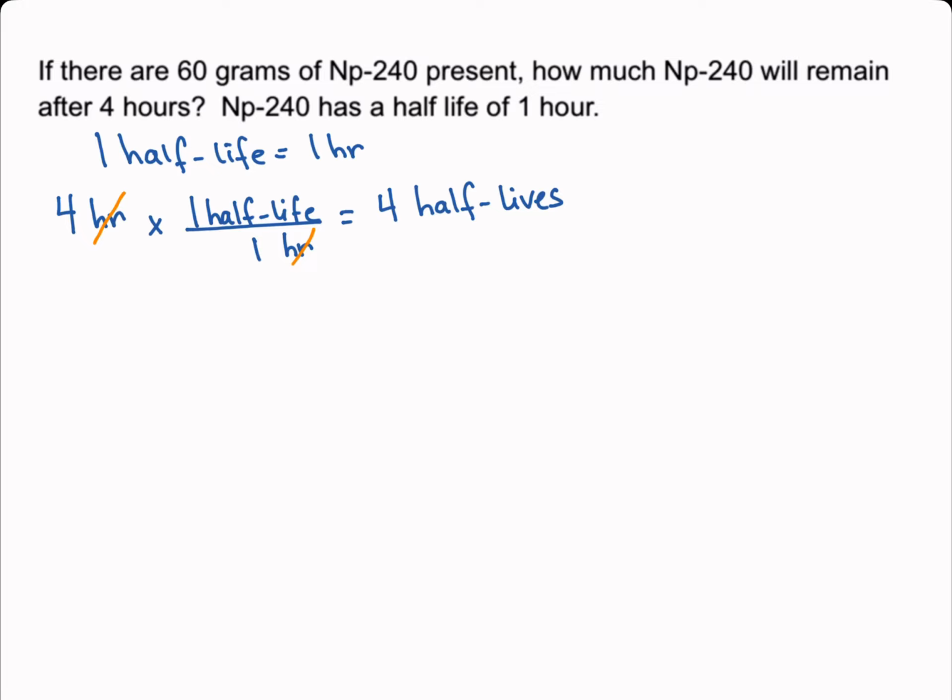We started off with an original sample of 60 grams, and these 4 half-lives means that we're going to multiply 60 by 1/2 four times.